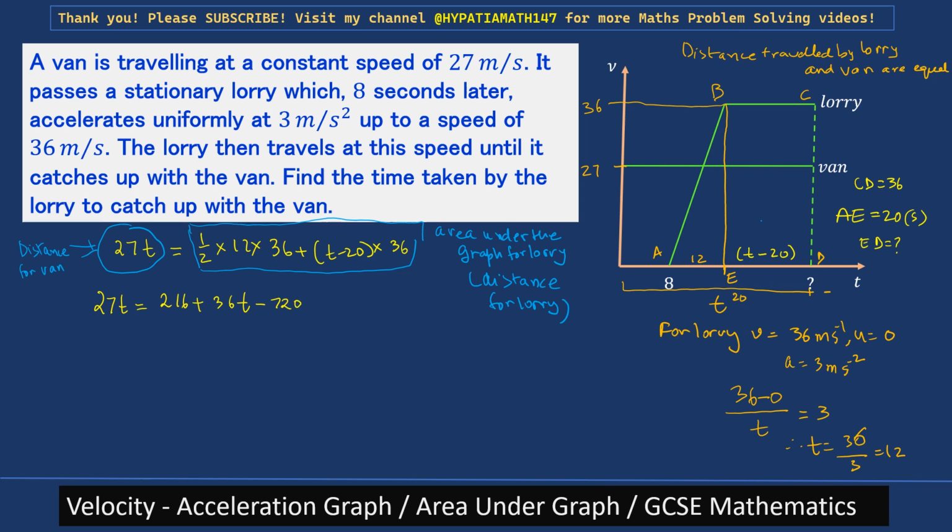Collecting the t terms to one side, 27 minus 36 is minus 9t, and that equals minus 720 plus 216, that is minus 504.